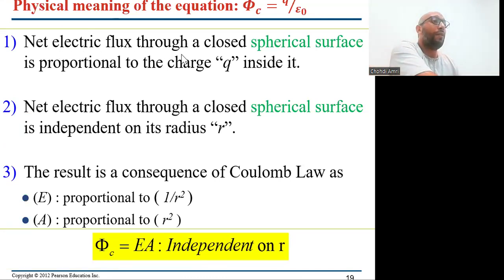The net electric flux through a closed spherical surface is proportional to the charge inside it. Of course, we said phi equals Q inside divided by epsilon naught.